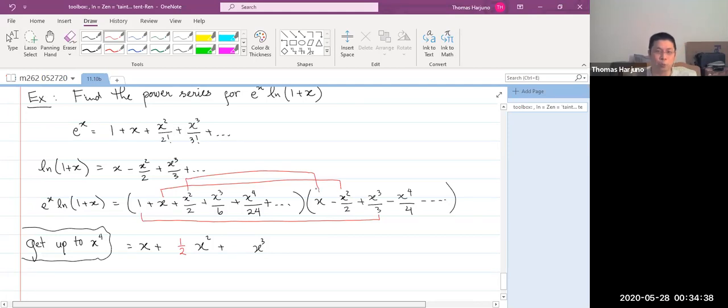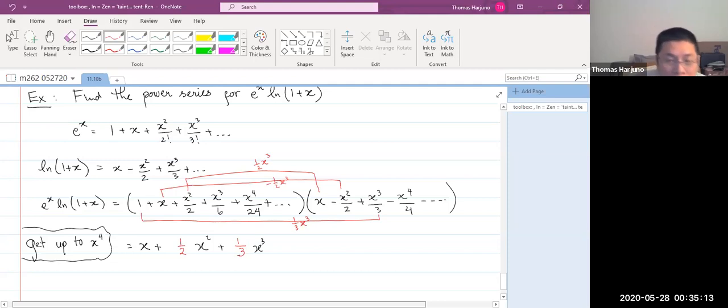So I get 1/3 x cubed for this pair, negative 1/2 x cubed for that pair, and then this guy with this guy is 1/2 x cubed also. So I get 1/3 x cubed.